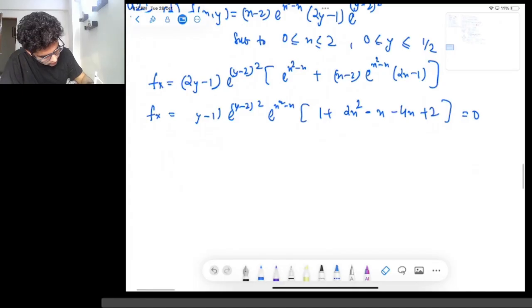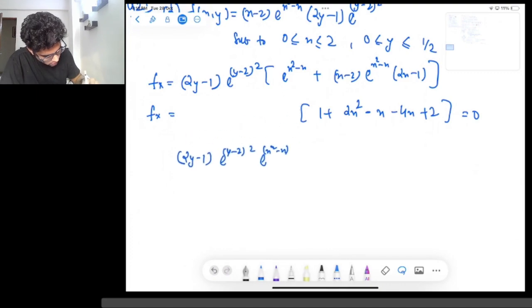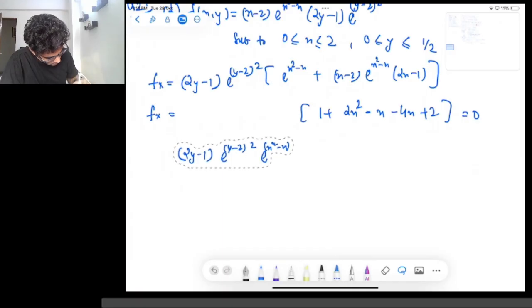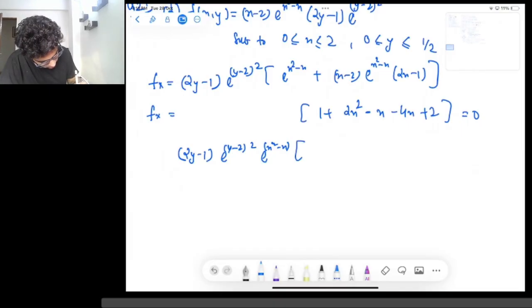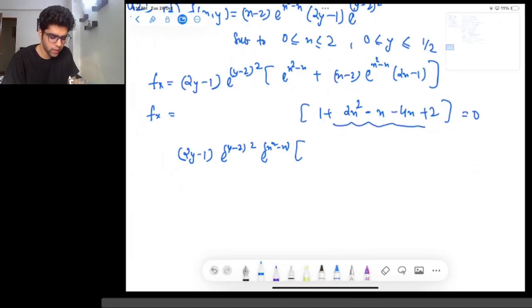Now 1 plus 2x², so this becomes 2x² minus 5x plus 3.